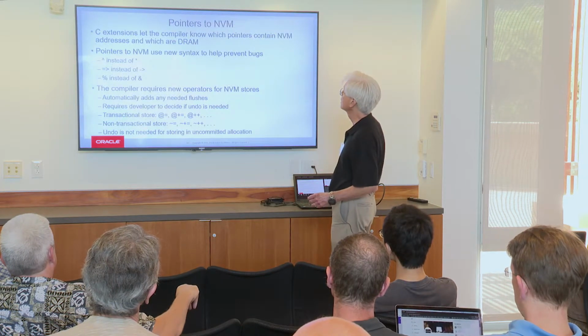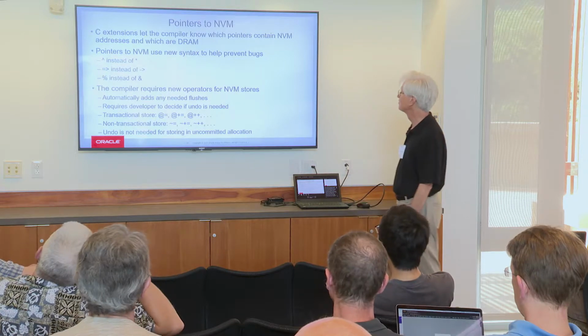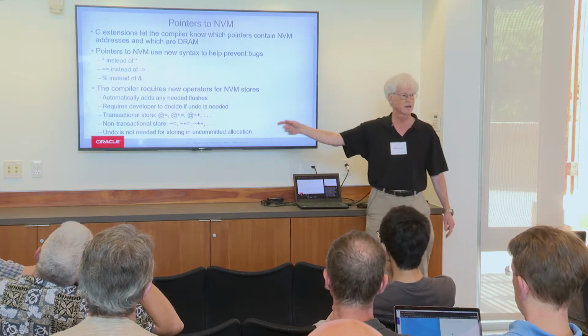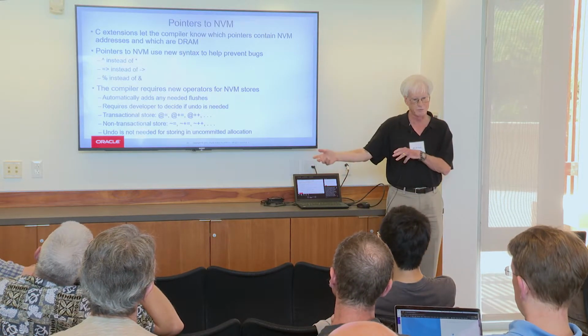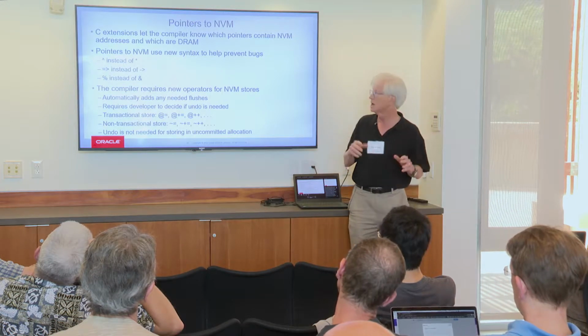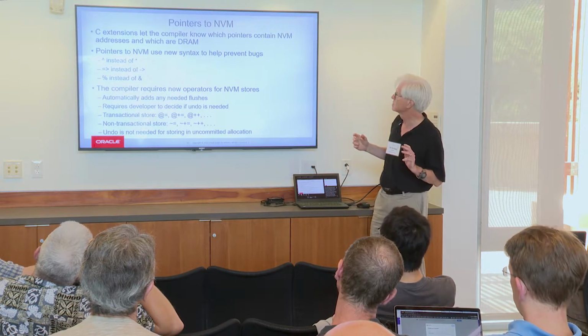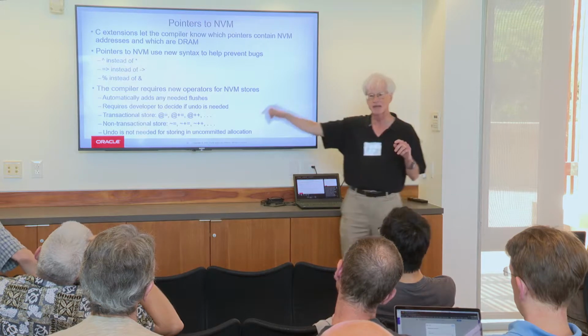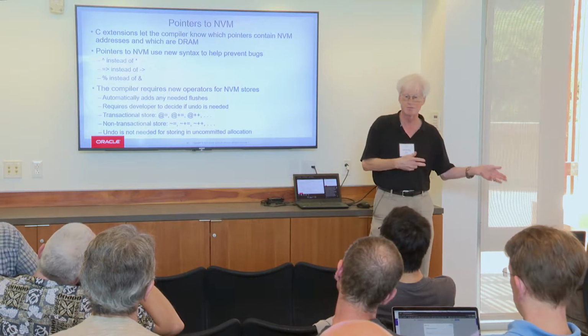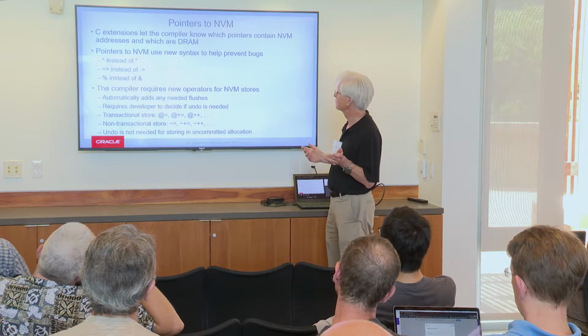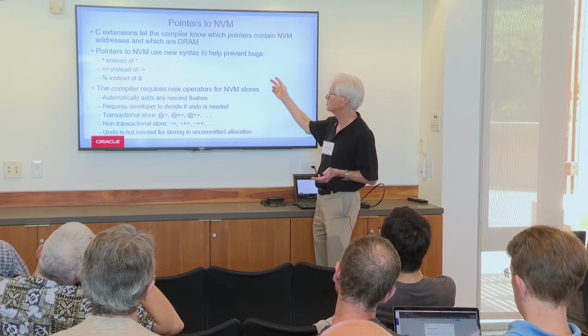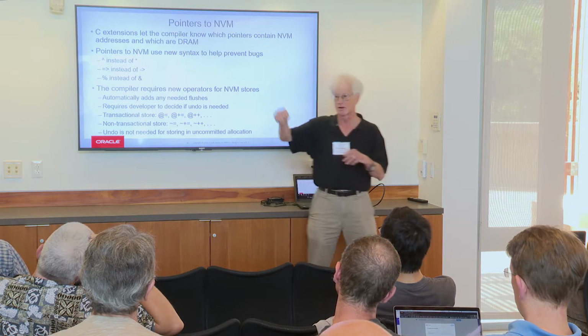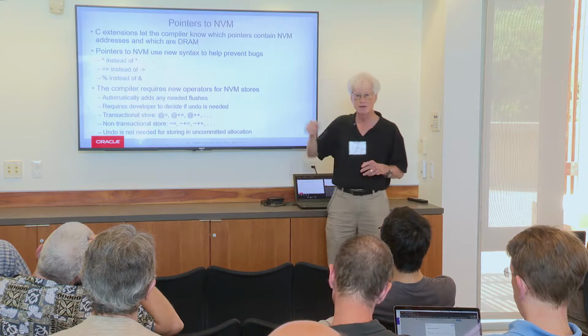What do we got next? Pointers. The C extensions let the precompiler know which pointers point to NVM versus pointing to DRAM. When you have an NVM pointer, rather than saying star PT or whatever, you say caret PT.